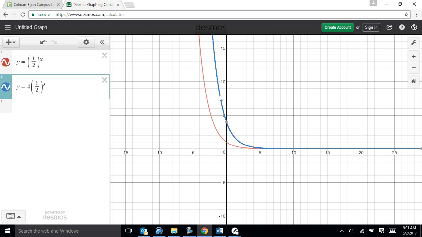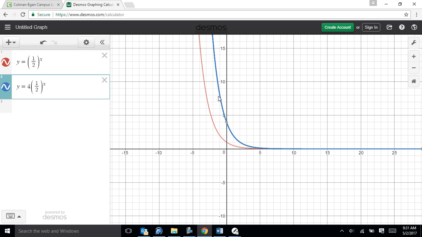To get from the red line to the blue line, what happened? We went from 2 to 8. So from 2 to 8, what did we multiply by? 4. Multiplied by 4, right?